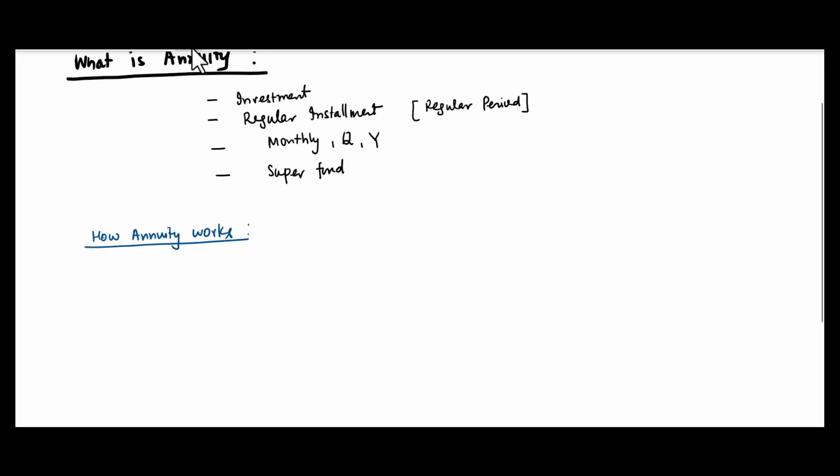Let's say a person A deposits every month, or maybe every year, starting from 0. Let's say this is 1st January and this is 31st December. So 1 means end of year 1, 2 means end of year 2, 3 means end of year 3, right?